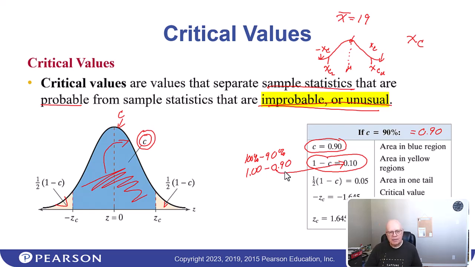Now, since the normal curve, which we are usually working with, is symmetric, then this part right here, the 0.10, is going to be split in half, part on the left, part on the right. So after we get that 1 minus C, we divide it by 2. So each of those tails has an area of 0.05.